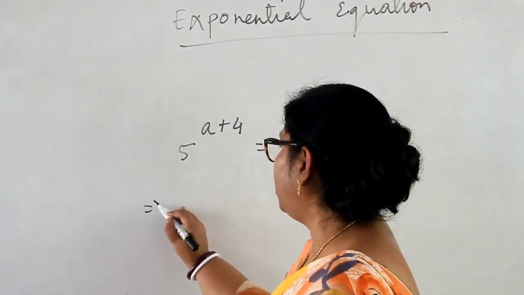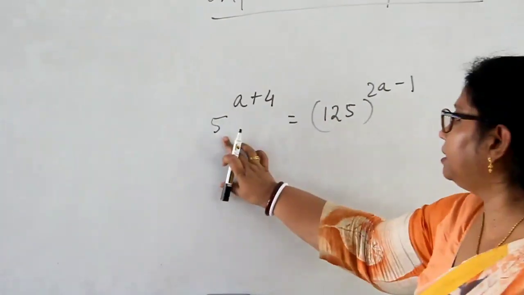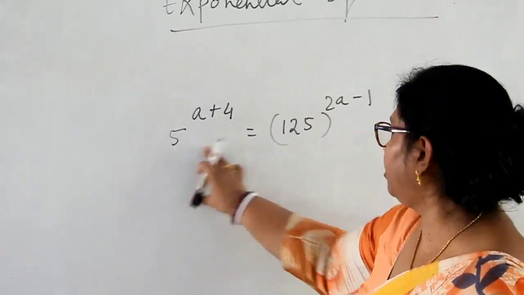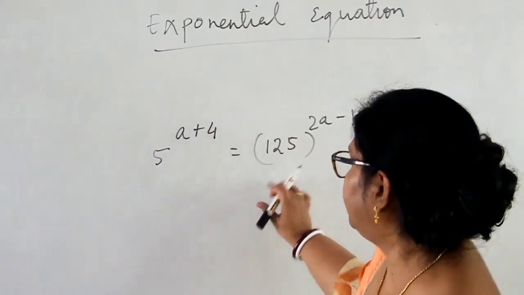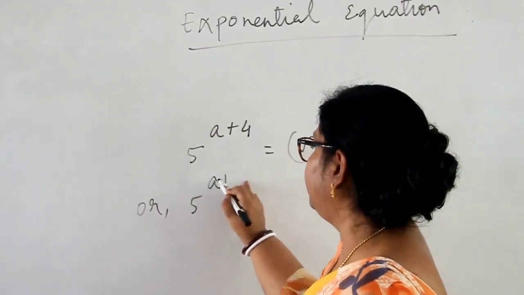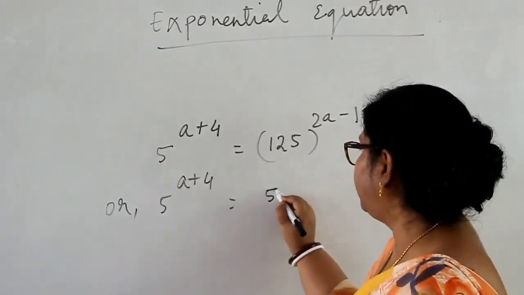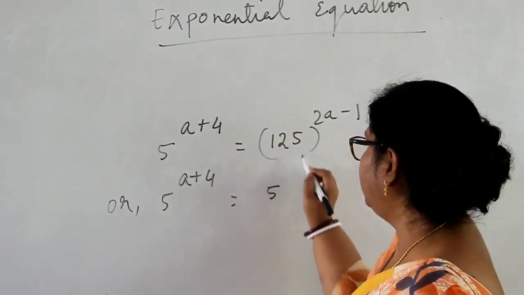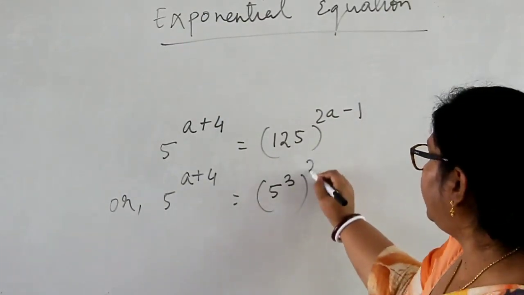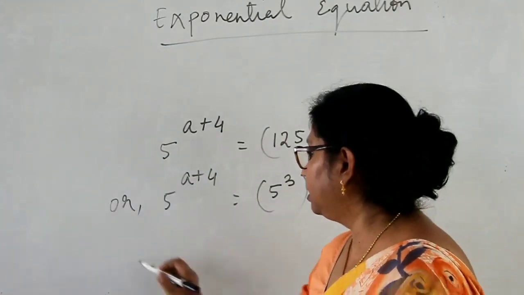So solving for this type of equation, we have to always see that the base is going to be equal. Here it is 5, but here it is 125. So we have to make it 5 first. So again we have to get the 5 as the base, and we know that 125 is 5 cube and 2a minus 1 is already given as the power.